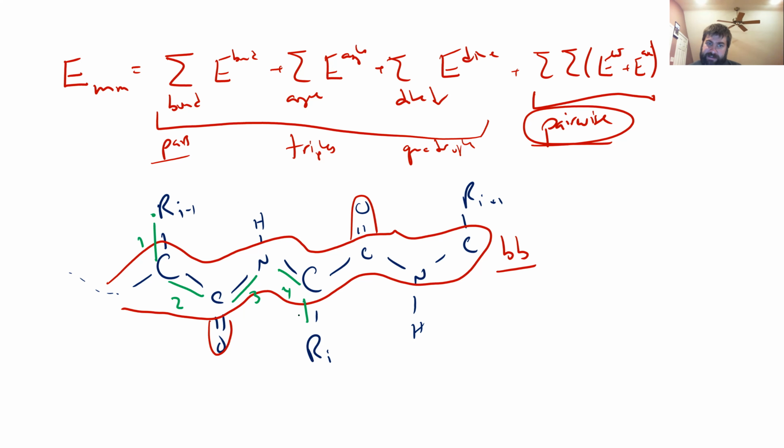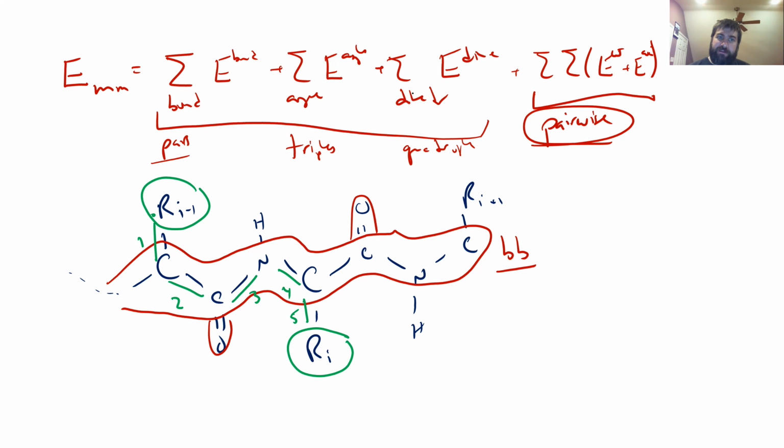And it takes a fifth bond to get over to the side chain. What does this mean? This means that the side chain atoms of one amino acid and the side chain atoms of another are always separated by at least 5 bonds.